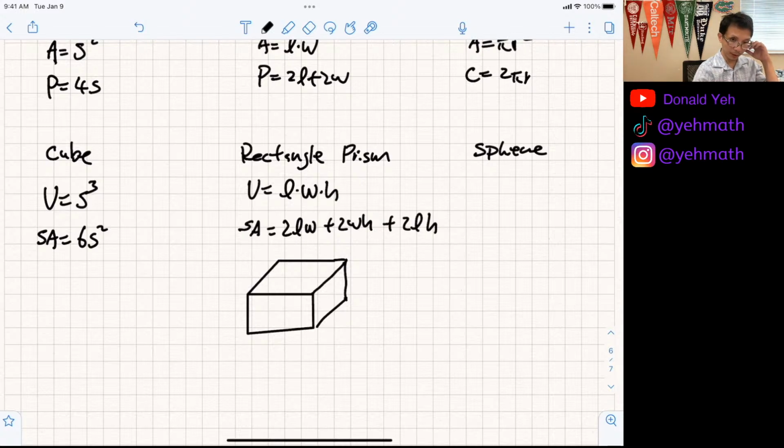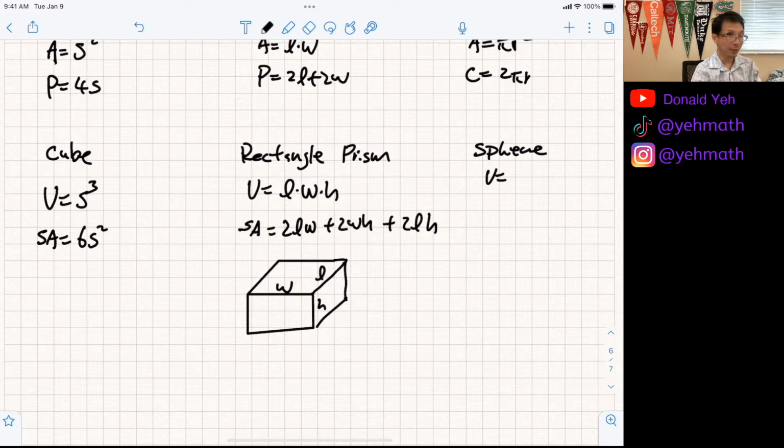So they are different things. So width, length, height. There's top and bottom, which is 2 times WL. WH is going to be front and back, and LH is going to be both sides. Mason, do you understand? So it's going to be 2 times of that.